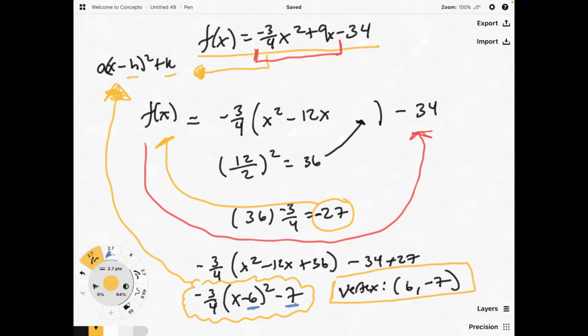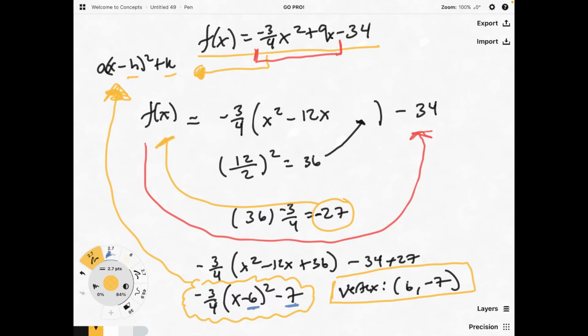Remember that k needs to be a positive k. We have a negative k, so we need to change that sign to match. And then that h value, it was a minus 6, so we're good there with the sign. But this would be the vertex of the function, negative 3/4x squared plus 9x minus 34.